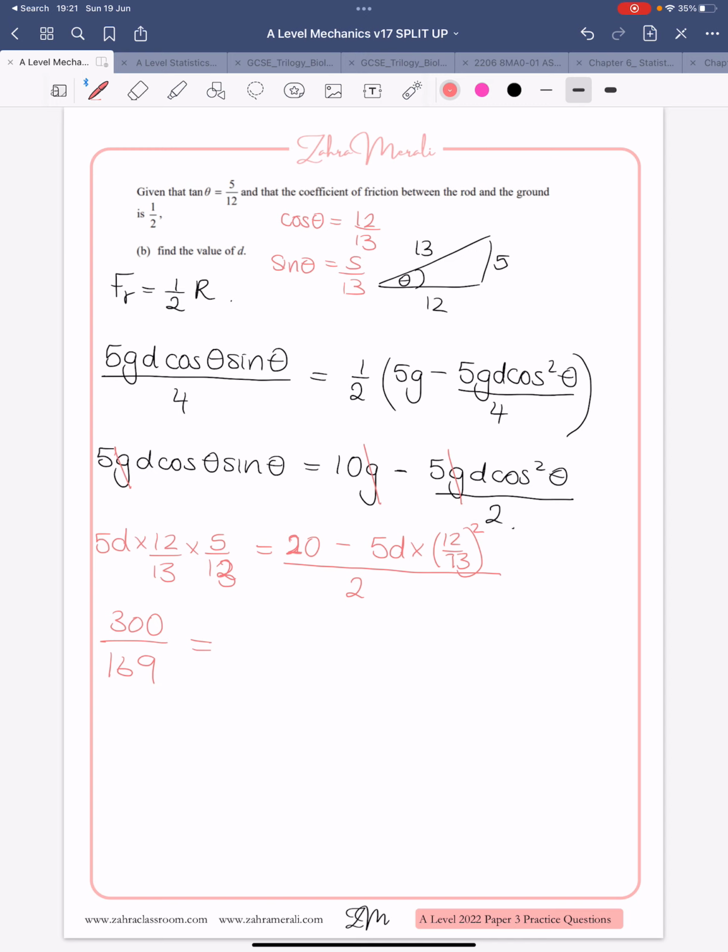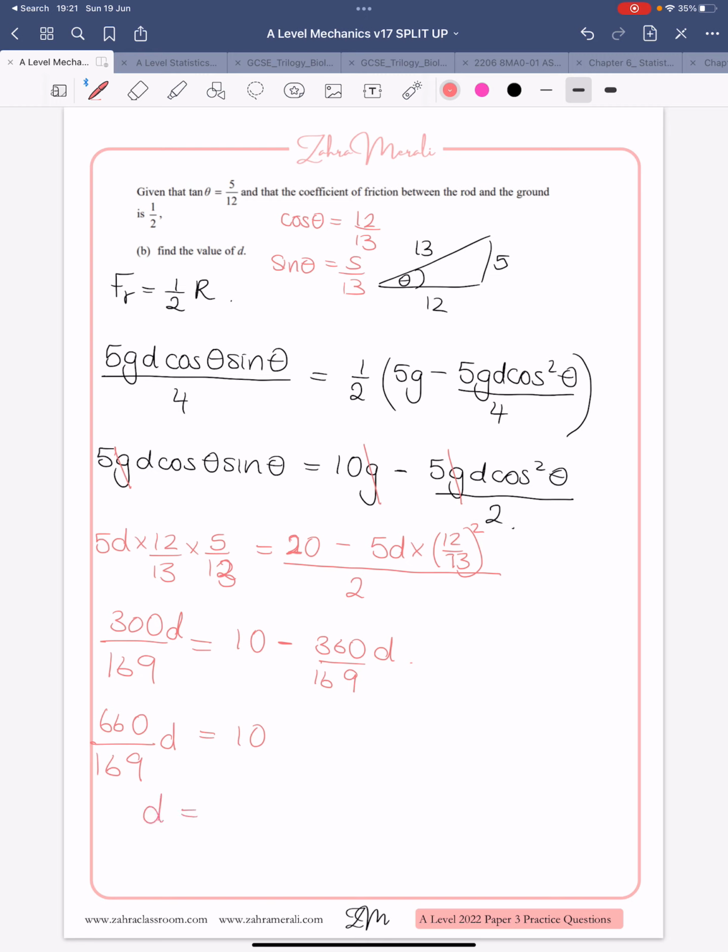12/13 squared times 5 divided by 2. So I know I separated it out, but I should not have. So 360 over 169d, and that's got a d there. Put all the d's on one side. So if I add 360 to, I'm going to get 660 over 169d equals 10.